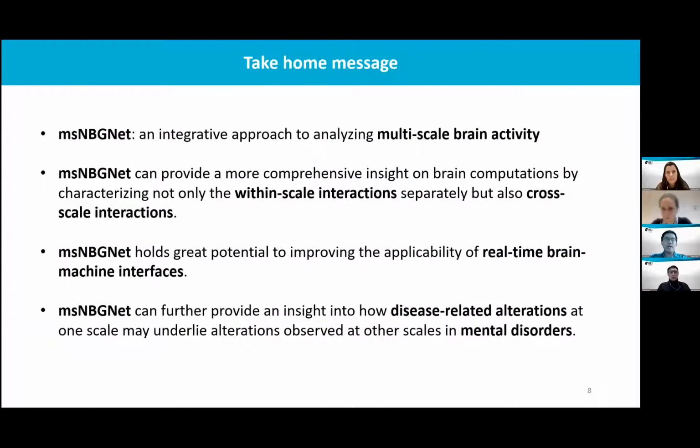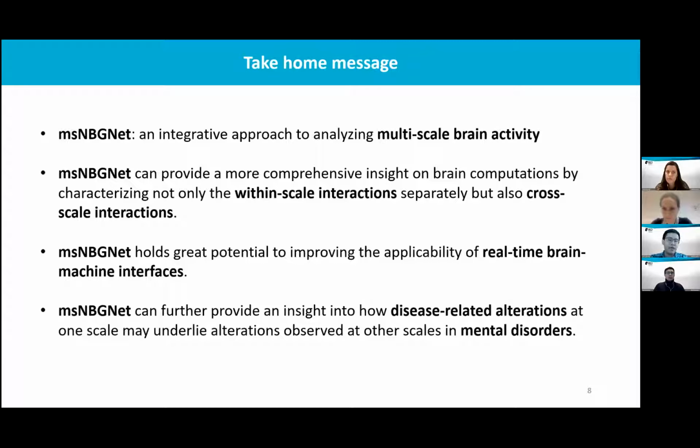So the take-home message here is, first, we proposed an integrative approach to analyzing multi-scale brain activity, which is termed MBGNet. It can provide more comprehensive insight into brain computations by characterizing not only the within-scale interactions, but also the cross-scale interactions.